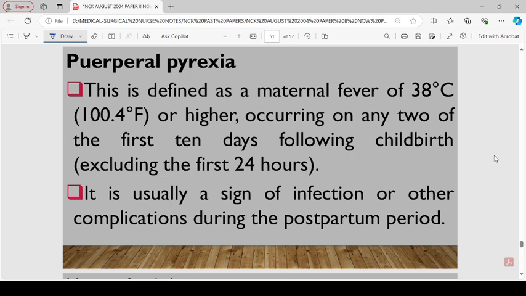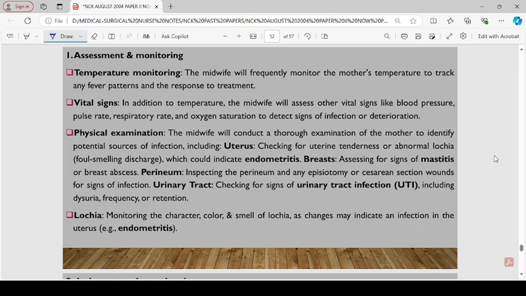And this of course excludes the first 24 hours. It's usually a sign of infection or any other complication during the postpartum period. So what are you supposed to do?